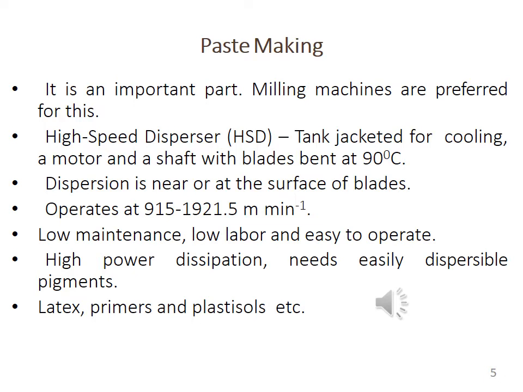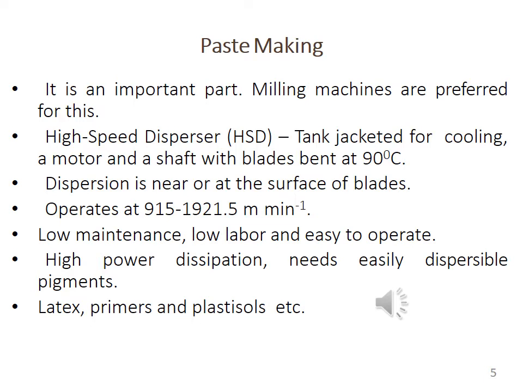High speed disperser, tank jacketed for cooling, a motor and a shaft with blades bent at 90 degrees. So to make a paste, some high speed dispersion machines are used. High speed disperser HSD is used to make a paste.